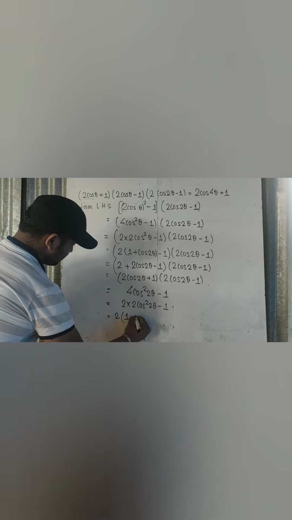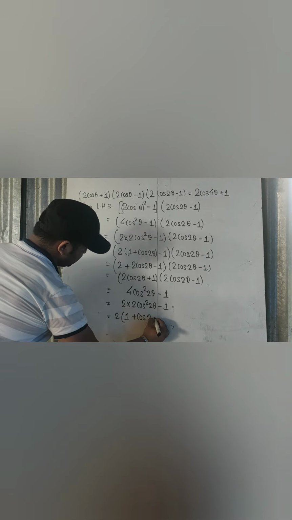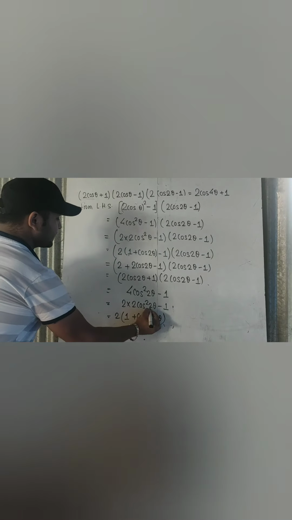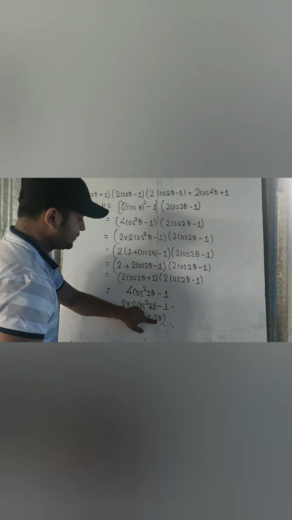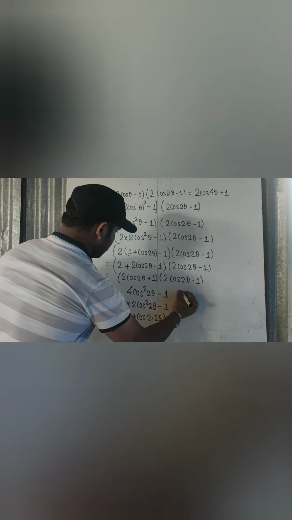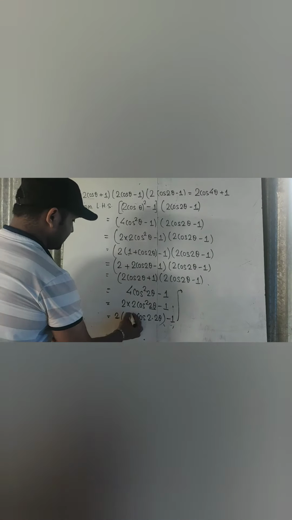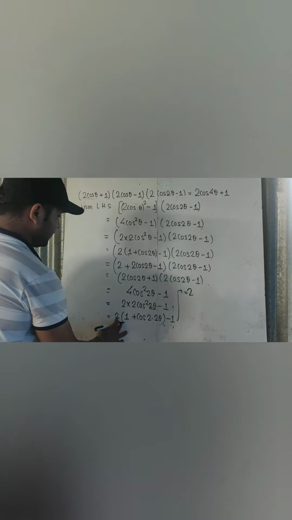We know 2 cos square theta is 1 plus cos 2 theta, so 2 cos square 2 theta is 1 plus cos 4 theta. Now 2 into 1 is 2, 2 into cos 4 theta is 2 cos 4 theta, and then minus 1. If we solve it further, we get 2 cos 4 theta, 2 minus 1 is 1. This is our RHS.